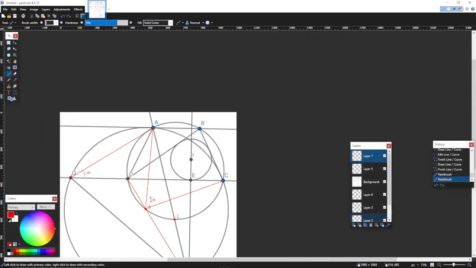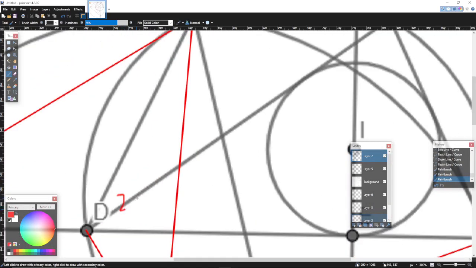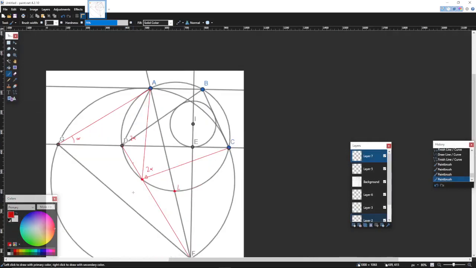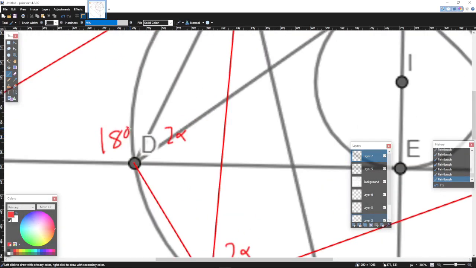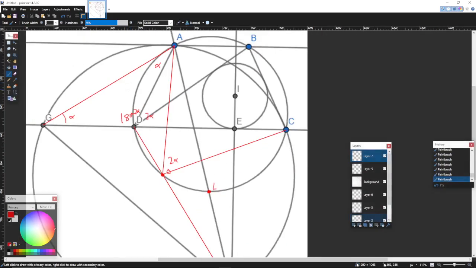Think about why, it'll make sense. But that means that angle ADC is 2 alpha. Well, there's a bit more. We know this angle is 180 minus 2 alpha. But that forces this angle to be alpha. So we have our first step of the plan.